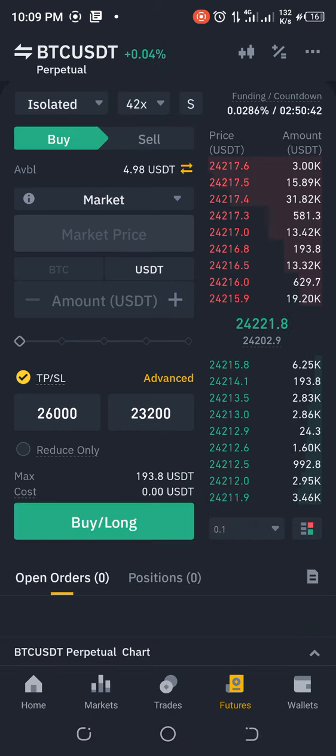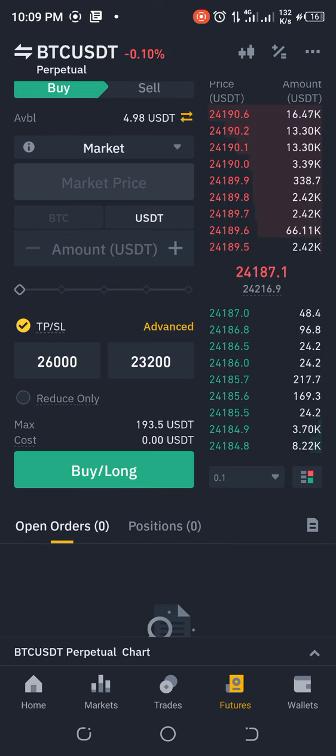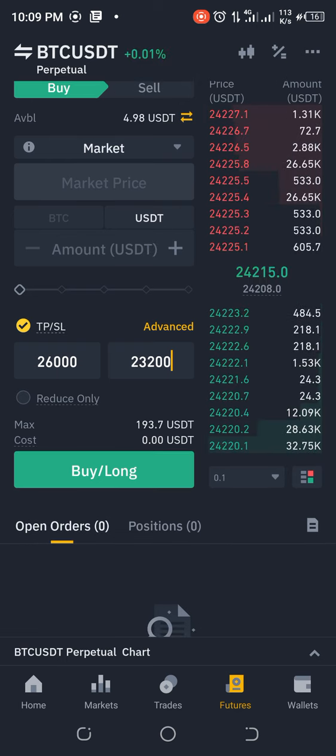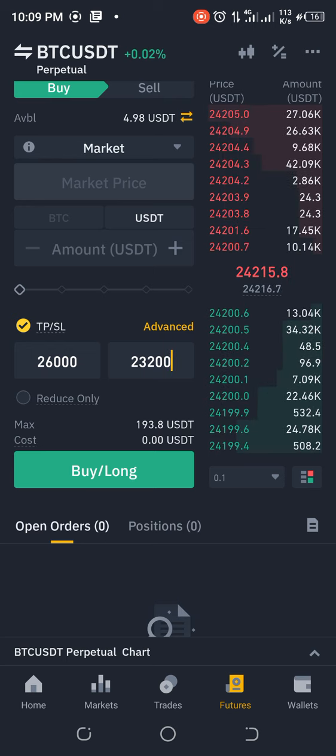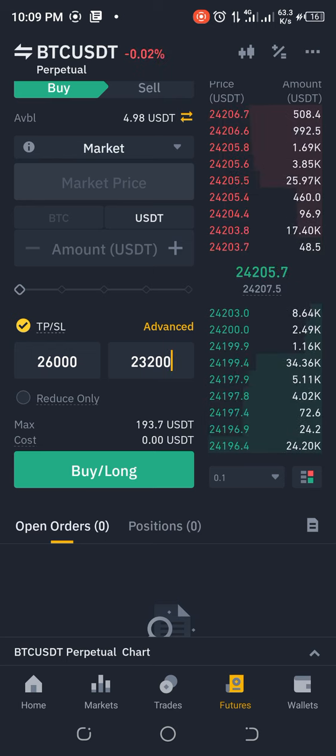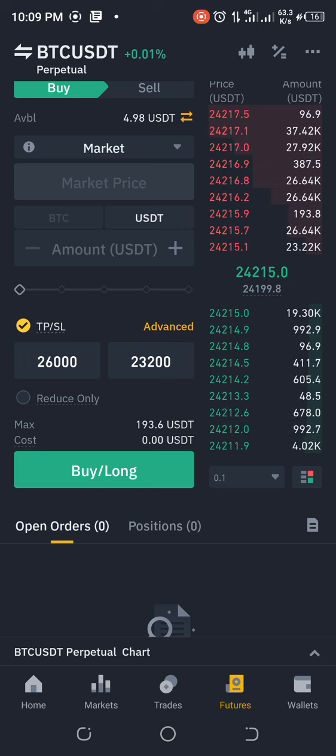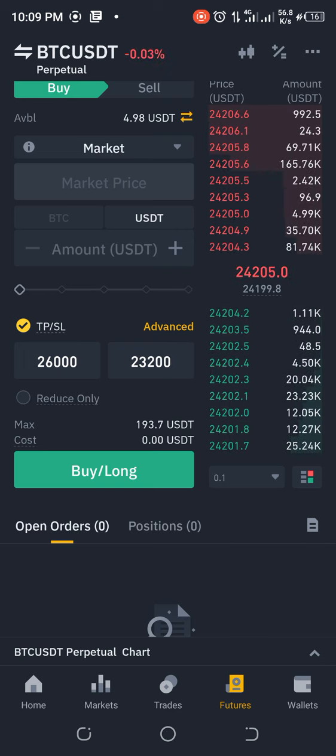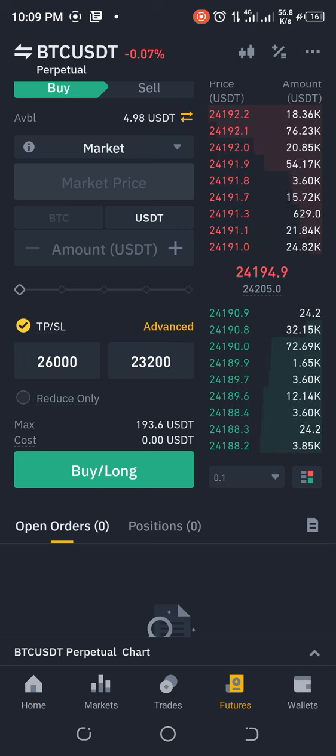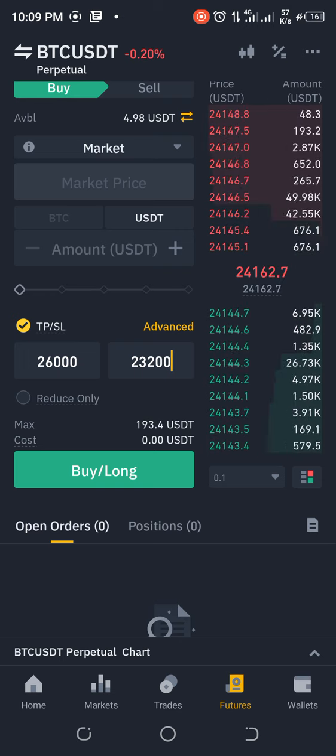Most likely you will be using buy rather, sorry about that, because when you are using buy, that means you are expecting the price of BTC to go up. So if BTC begins to go up from 24,200 and it reaches 26K, then it will take profit for you, add the profit to your balance and exit the trade.